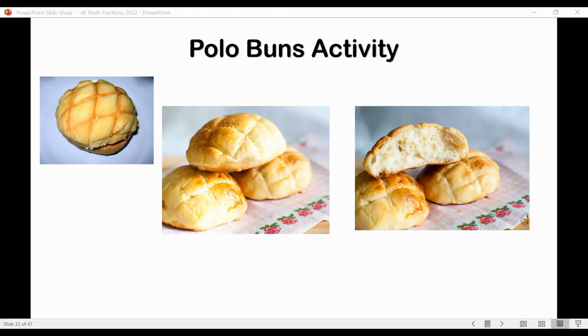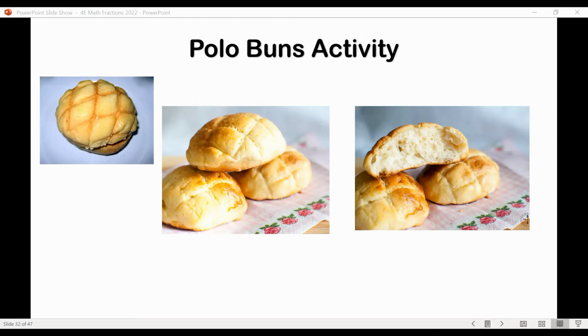Now, you have 1 polo bun, 3 polo buns, and then somebody chews on the polo bun, and then that 1 polo bun becomes half a polo bun, right? Okay, so now our activity requires us to sit in our groups of 5.